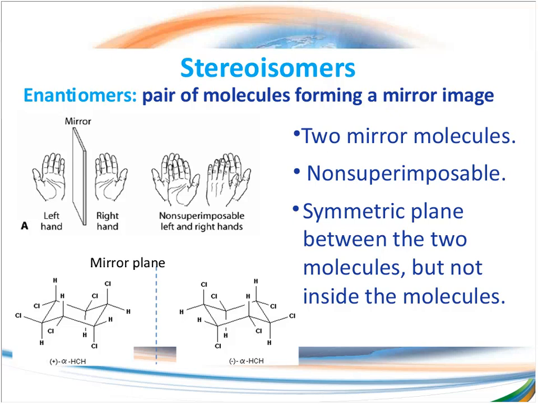So when you have your left hand, there's a mirror in between, and your right hand, then you can superimpose it by a mirror. But you cannot. The right hand is different from the left hand. The right hand and the left hand cannot be put on top of each other, because the two thumbs are showing in different directions.